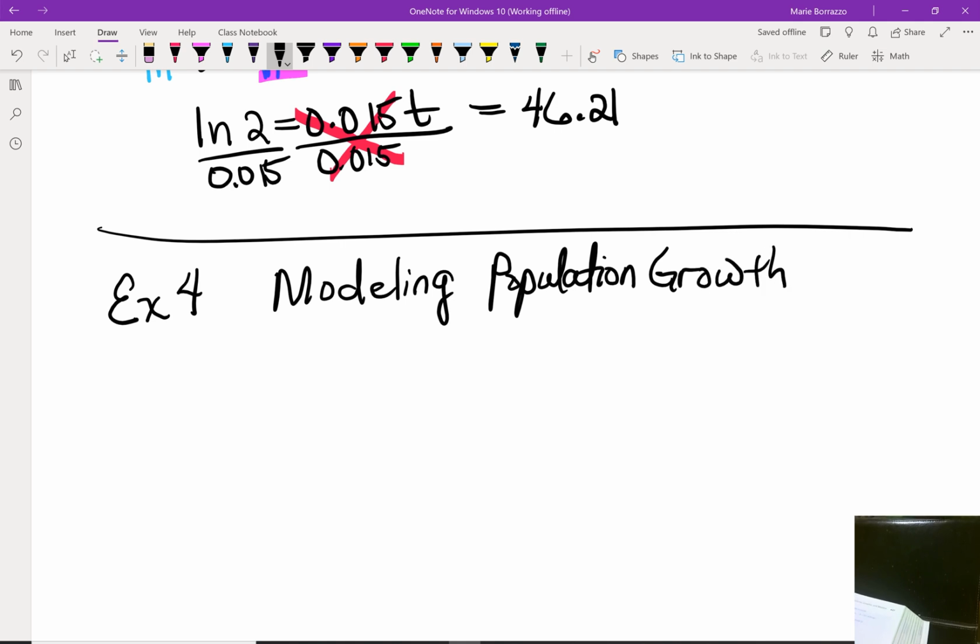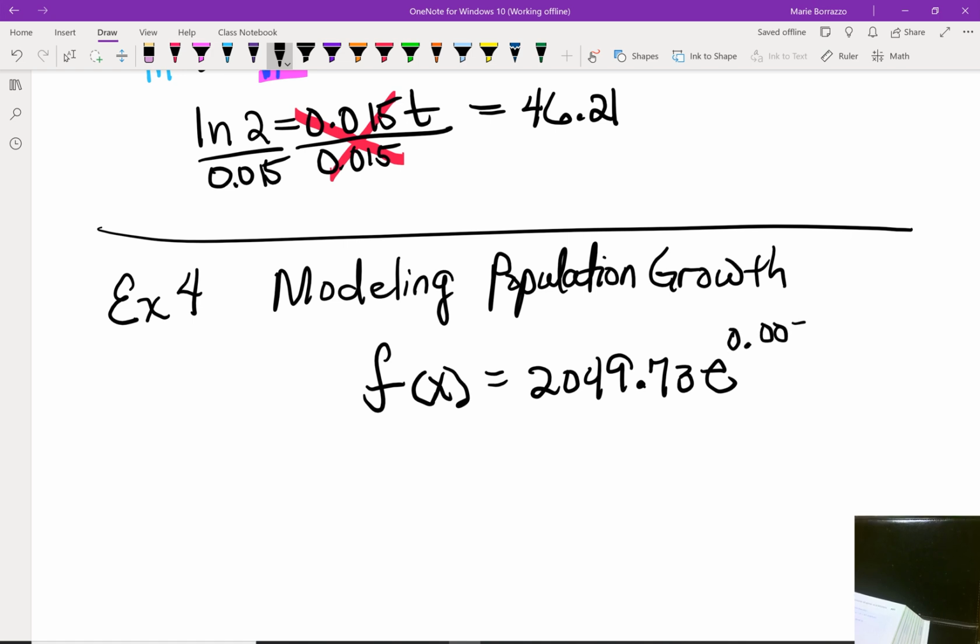According to data from the United Nations, Department of Economics and Social Affairs, Population Division, the world population forecast from 2020 to 2050 is projected given the model where f of x is equal to 2049.73 e raised to the 0.007506x.